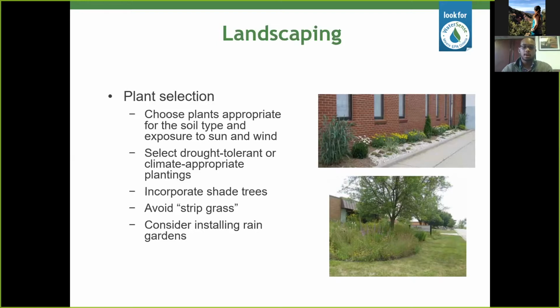And then rain gardens. Rain gardens are very good at collecting a lot of water or collecting that rainfall and holding it on your landscape rather than having that runoff just go directly into storm drains.